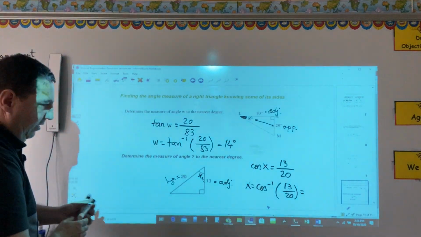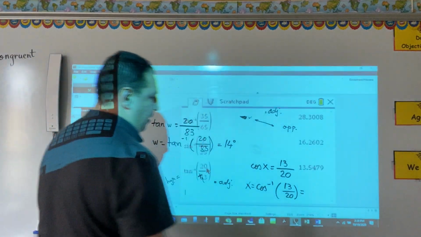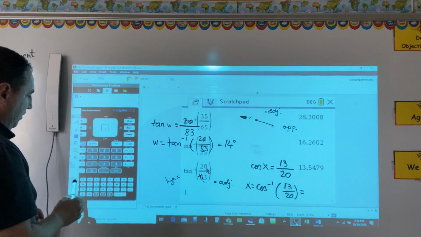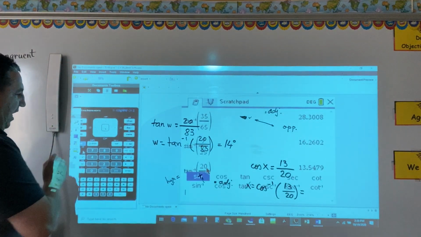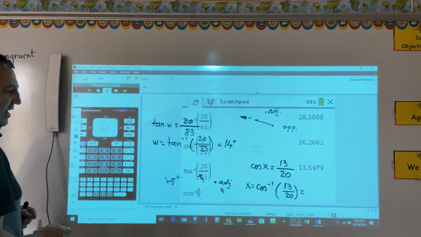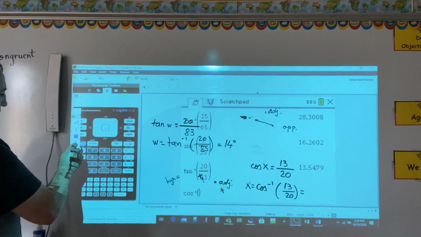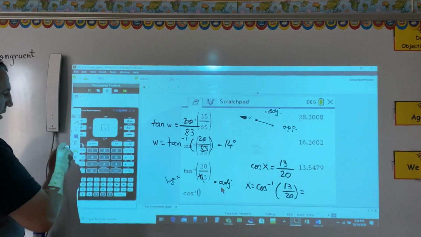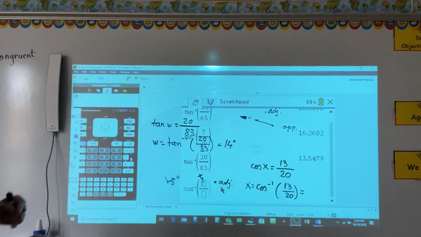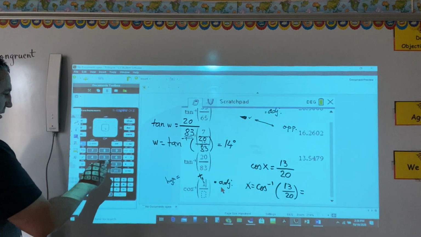Good. Let's find the angle. So again, we use trig. We use inverse of cosine, and we type the ratio of 13 and 20.